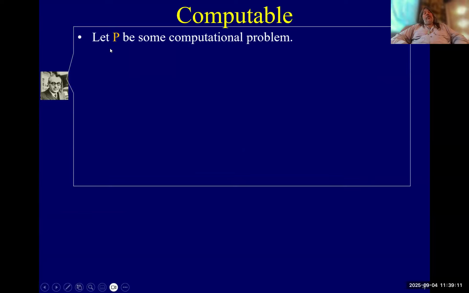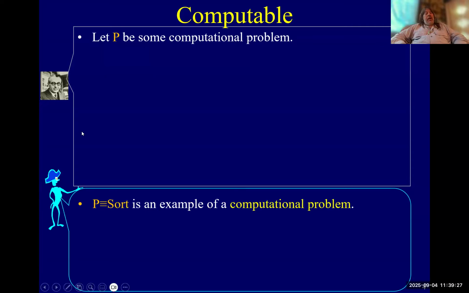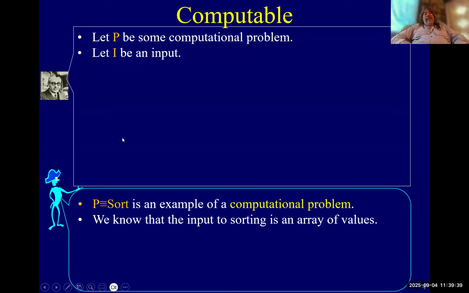We're going to have various variables, and the first variable will be P, which represents some computational problem. For example, P might be the sorting problem. Then I can be an input to the sorting problem, which for sorting is just an array of numbers.